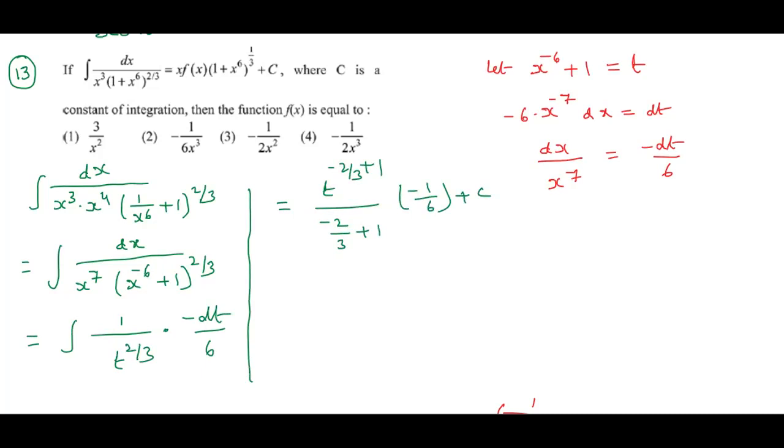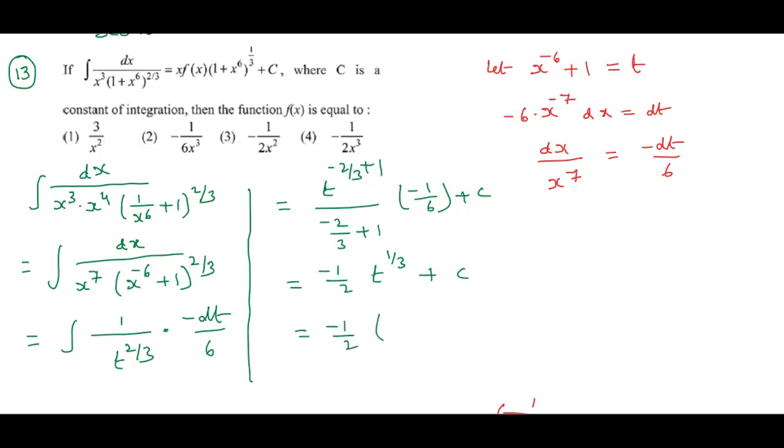You will get 1 by 3. 3 twos are 6. Overall it will come like this: minus 1 by 2 into t power minus 2 by 3 plus 1, that is t power 1 by 3, plus c. Now minus 1 by 2.